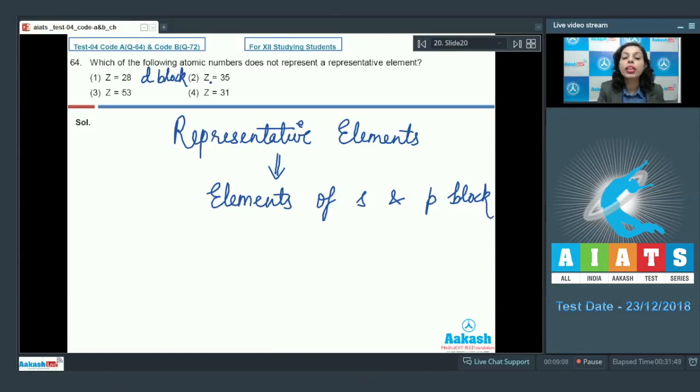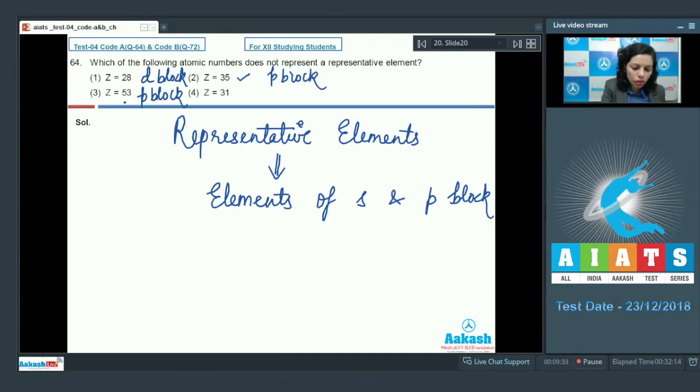The element with atomic number 35 is bromine, and bromine is an element of P block. That's why it is a representative element. Then we have Z equal to 53. This is the atomic number of iodine, which is in P block.